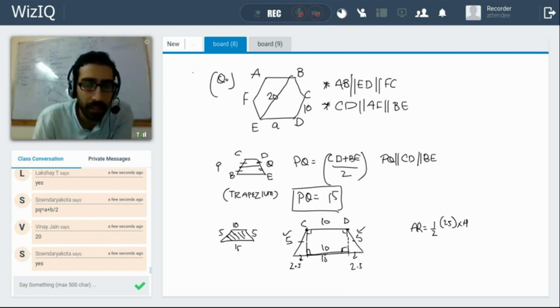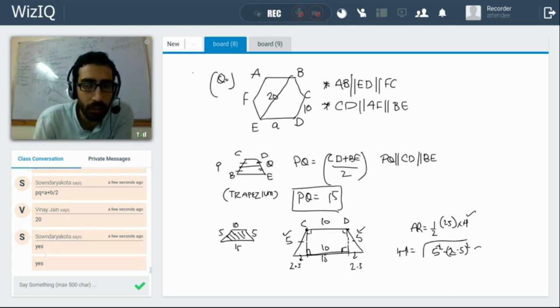You can immediately get the height. The height will be nothing but under root of 5 square minus 2.5 square. Is this clear? Use this value for the height and calculate the area of the trapezium.